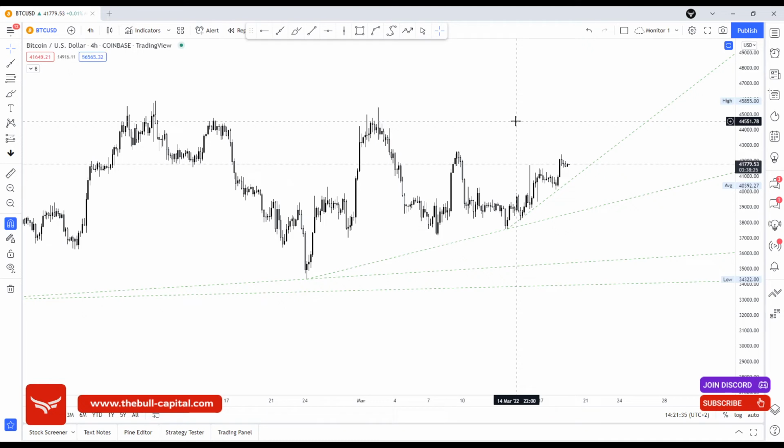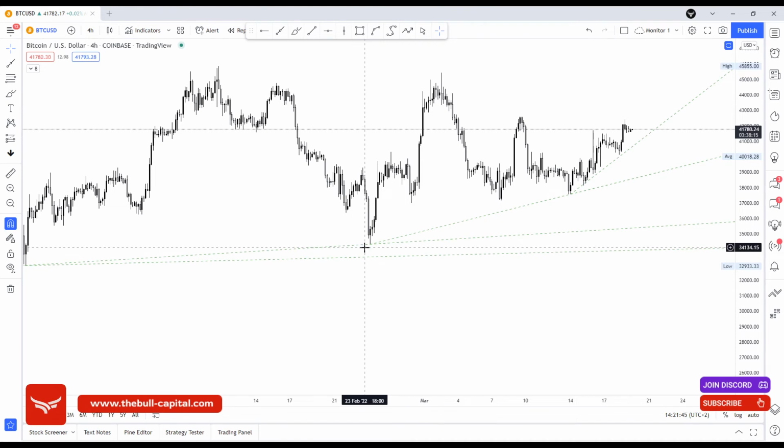So this is how we mark uptrends and downtrends. For uptrends, you take the lowest bullish candle and the next lowest bullish candle, and you form a trend. For a downtrend, you take the highest bearish candle and the next highest bearish candle, and you form a downtrend.